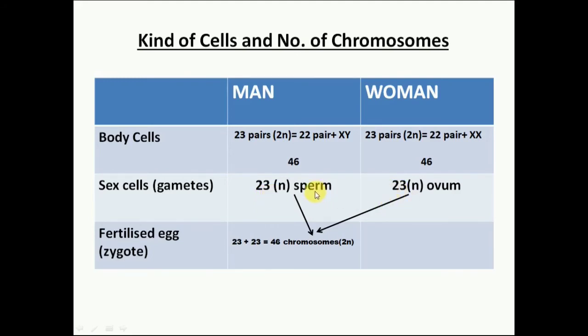Why? Because during fertilization, the sperm will fuse with the ovum to produce the zygote, and as a result 23 chromosomes from here and 23 chromosomes from here are both involved to form 46 chromosomes, which is the 2n, and this is our fertilized egg. So this is the number of chromosomes in each cell of our body.